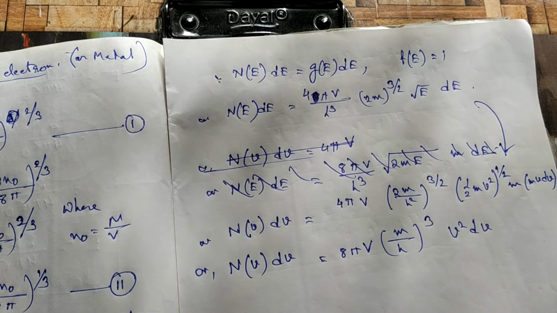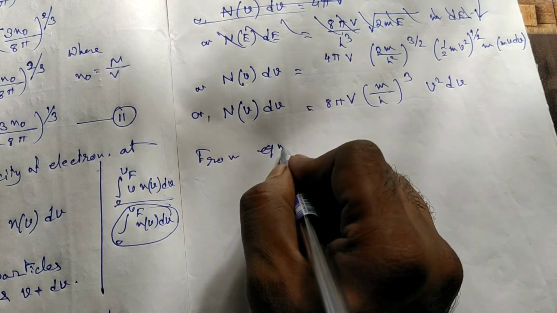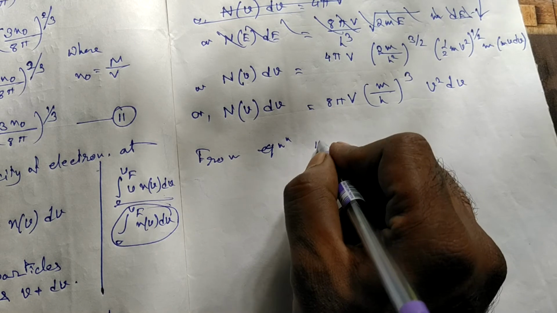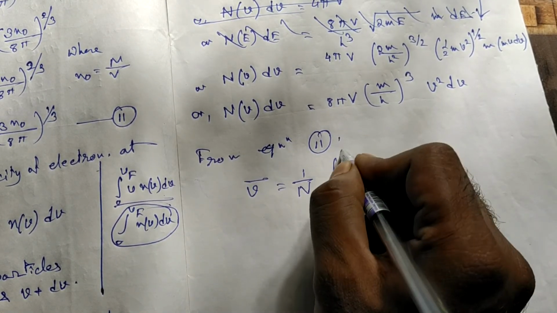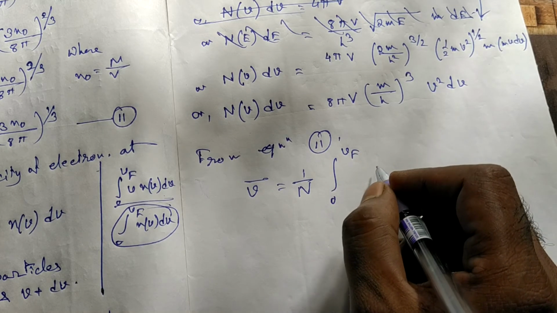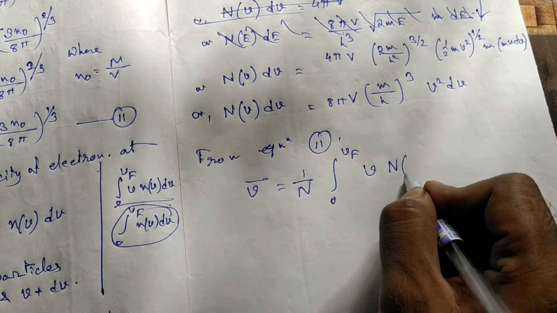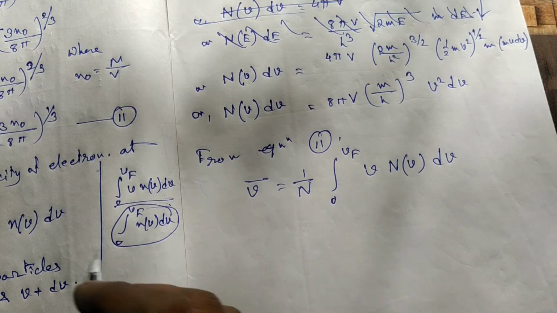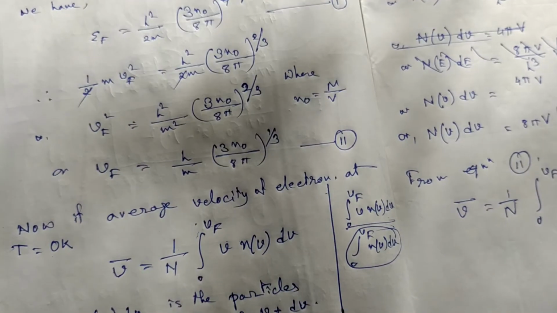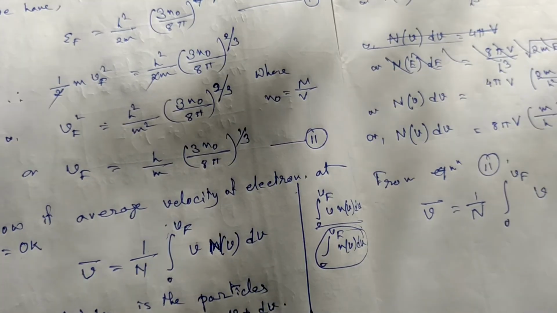So from equation 2, the average velocity becomes 1 by n, integral 0 to v_F of V n(V) dV. Actually I wrote a small v here, but it is a capital V, sorry for the mistake.